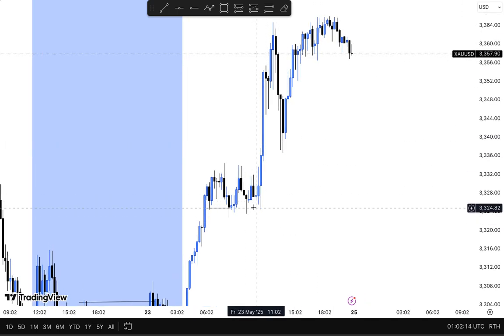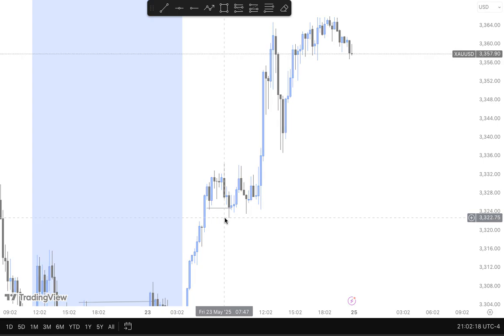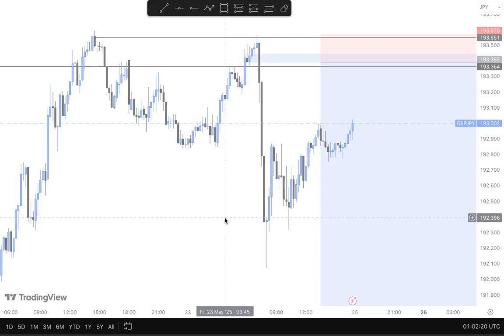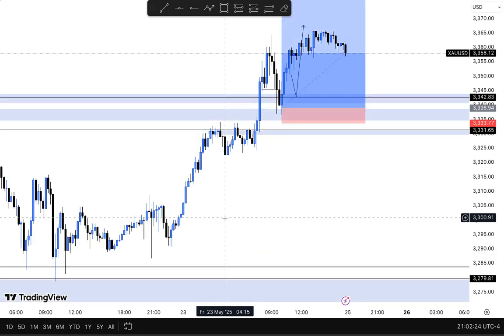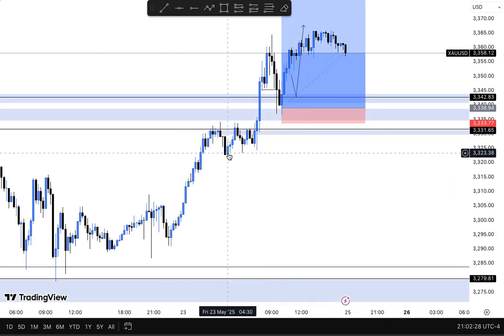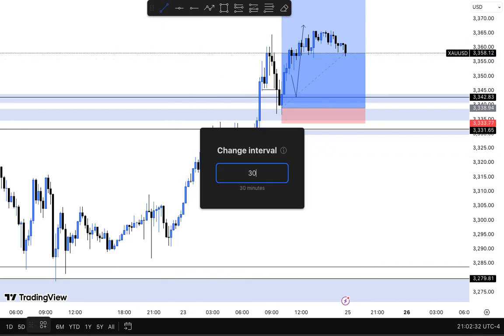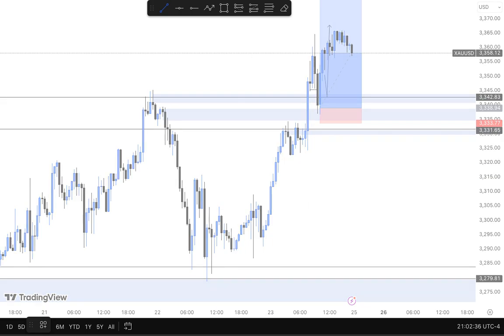On this broker, I can't find the liquidity well, so let me switch to another broker. Yes, you can see the buy side liquidity here. This is the 15 minutes time frame.